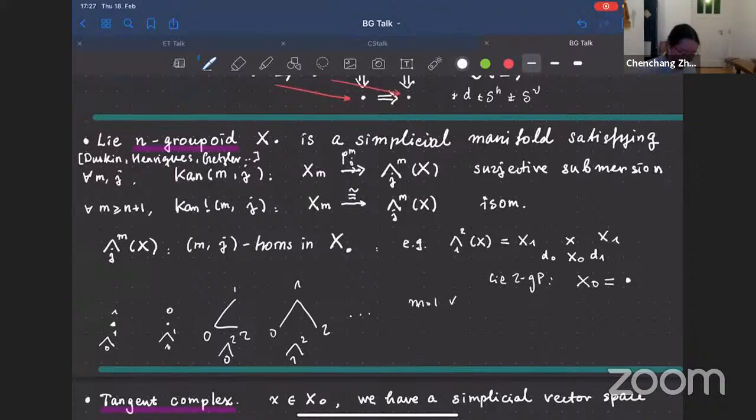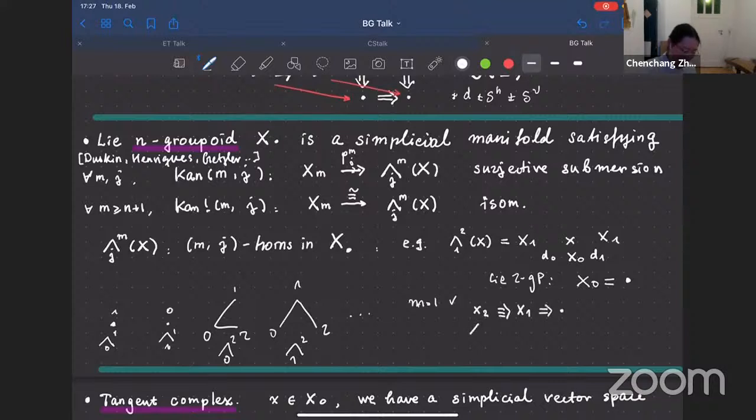Many people are more familiar with the version of Lie 2-group via categorification, namely a group object in the world of Lie groupoids. So how do I see this? Over here I've got x2 three arrows to x1, and going to a point.